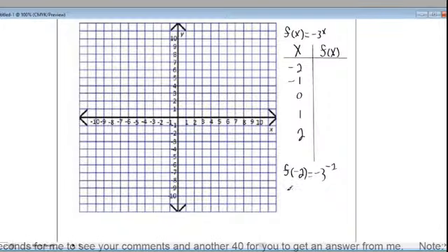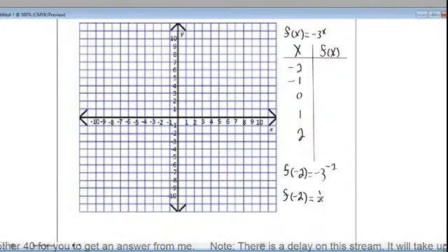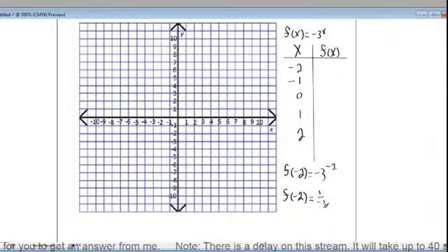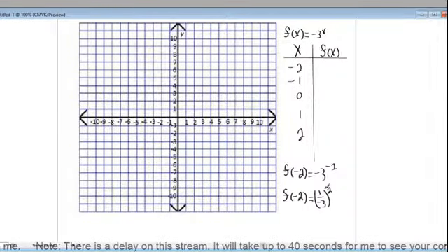So f of negative 2 equals 1 over negative 3, and the whole thing is squared. Now we square this since we've gotten rid of that negative.